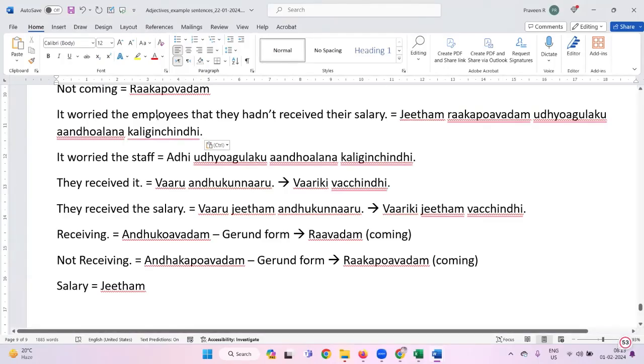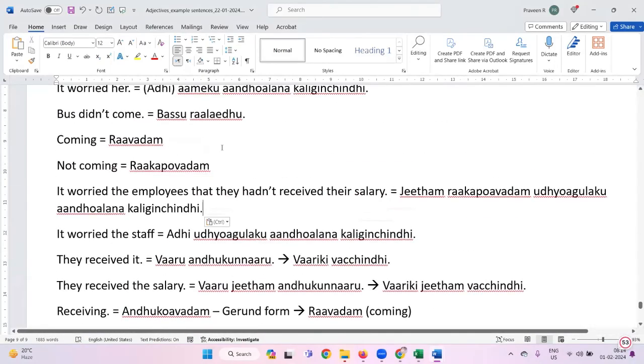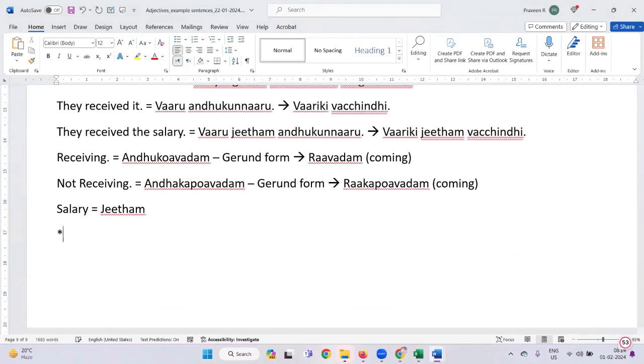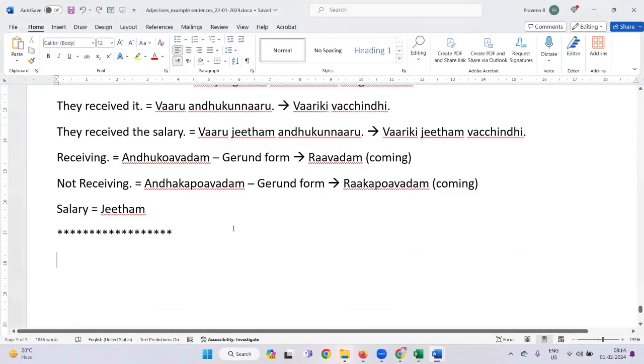I think this structure is enough for this category. We'll move to the next one. Every structure has some homework for you. Whenever you make some sentences, you can send them to me for editing, and in the coming classes I will review them. If they are okay, good. If they are not okay, I'll explain where the mistake is.